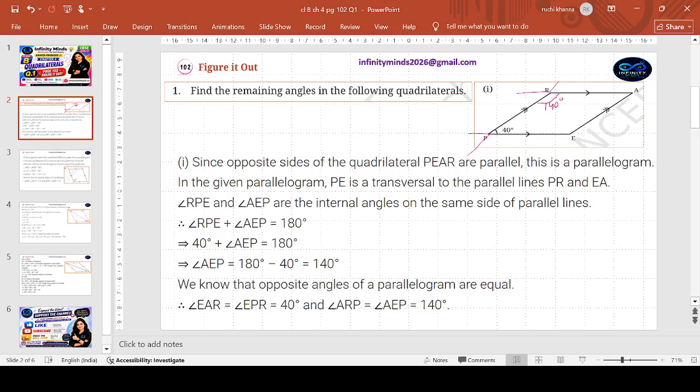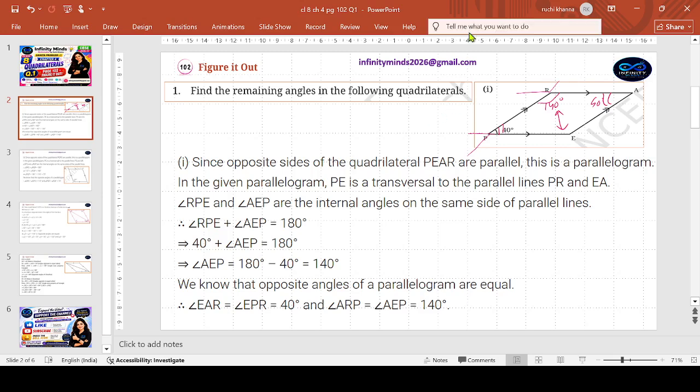And once we have a set of two adjacent angles, the opposite ones are always equal. In a parallelogram, the opposite angles are equal. This is an important property of a parallelogram. In case you don't remember, you must visit the very first video that I have put up on quadrilaterals, in which all the various properties of various types of quadrilaterals have been included.